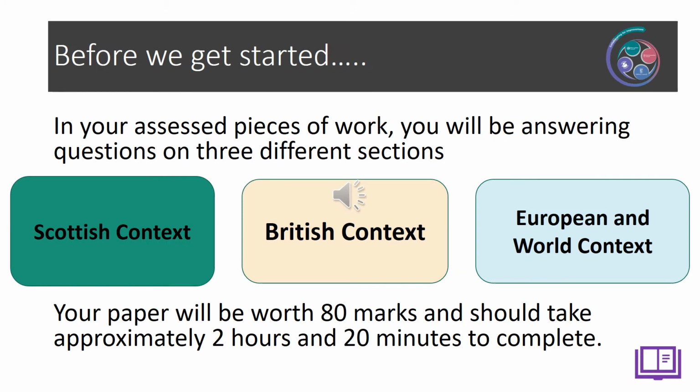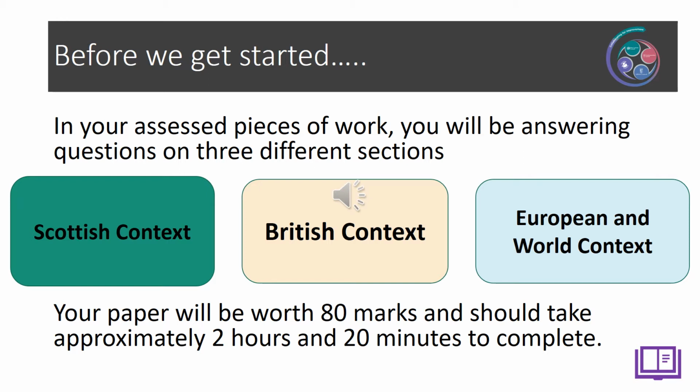So before we get started looking at the different question types in the National 5 History course, I just wanted to remind you of the structure for your assessed pieces of work. In the assessed pieces of work that you'll be completing over the next couple of months, you will be answering questions in 3 different sections. You will have questions on a Scottish context, a British context, and a European and world context.